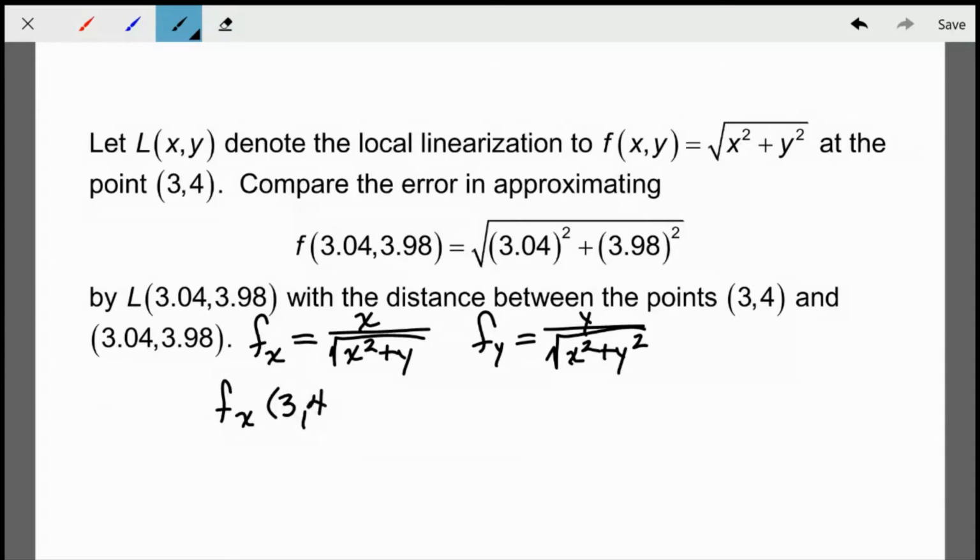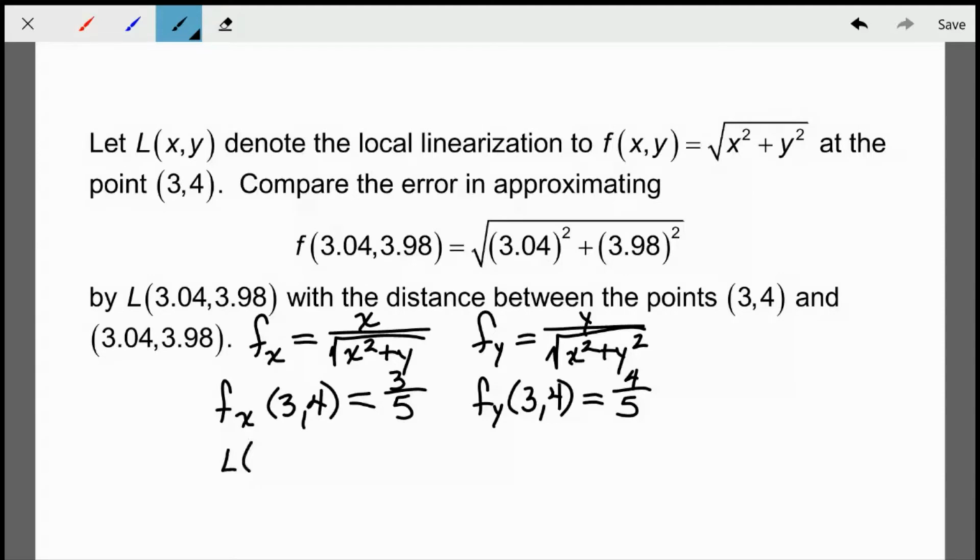And when I plug that in, I'm going to end up with an x partial derivative value of 3/5. I'm going to get my y partial evaluated at 3, 4, and that's going to give me a value of 4/5. So that's everything that I need for the equation of my tangent plane, which will give me my linearization. So I'll just skip straight to the linearization function since that's what they asked for.